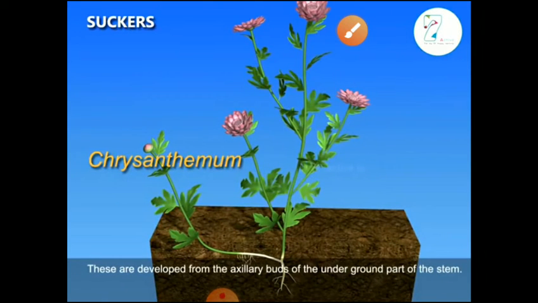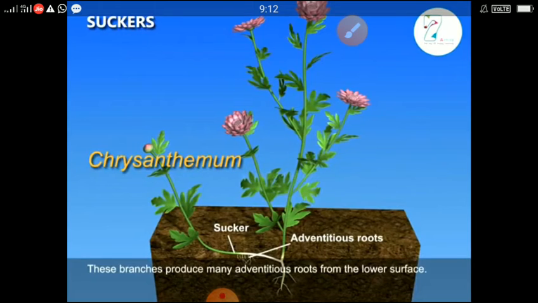These are developed from the axillary buds. What is meant by axillary buds? The buds present in the axil of the stem, those buds we can call axillary buds. So, suckers are developed from the axillary buds of the underground part of the stem. These branches produce many adventitious roots from the lower surface.